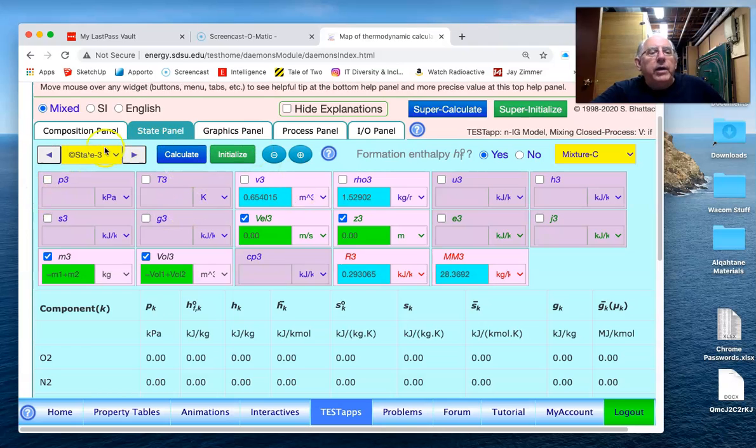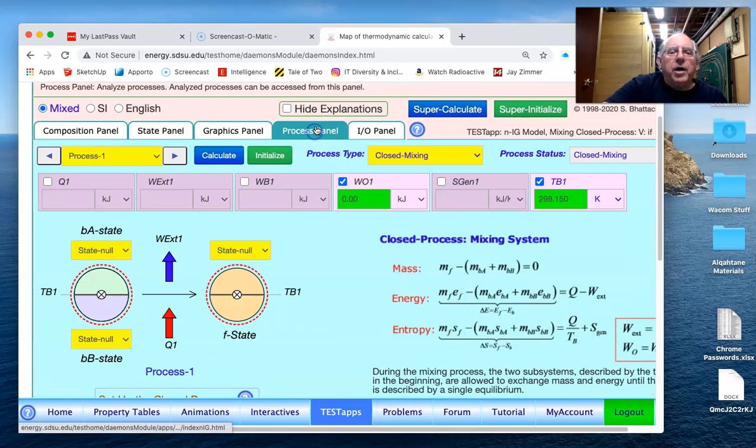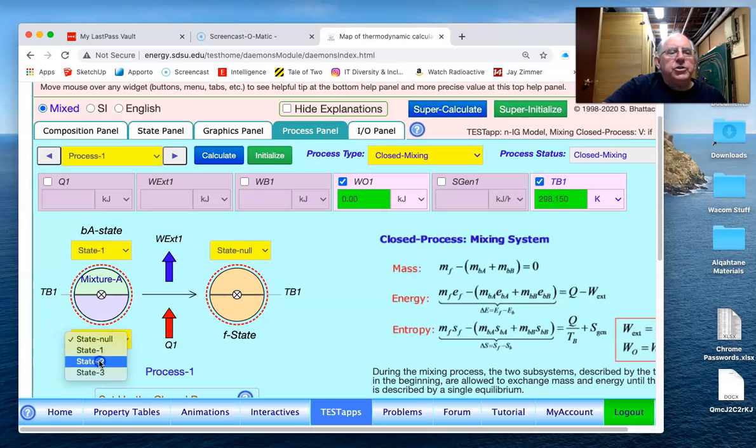But now we have to set up a process to indicate that there was no work and no heat transfer. Upon doing that, we can calculate the pressure and the temperature. So as before, we go to the process, and our process is going from state 1 to state 2, coming out as state 3.